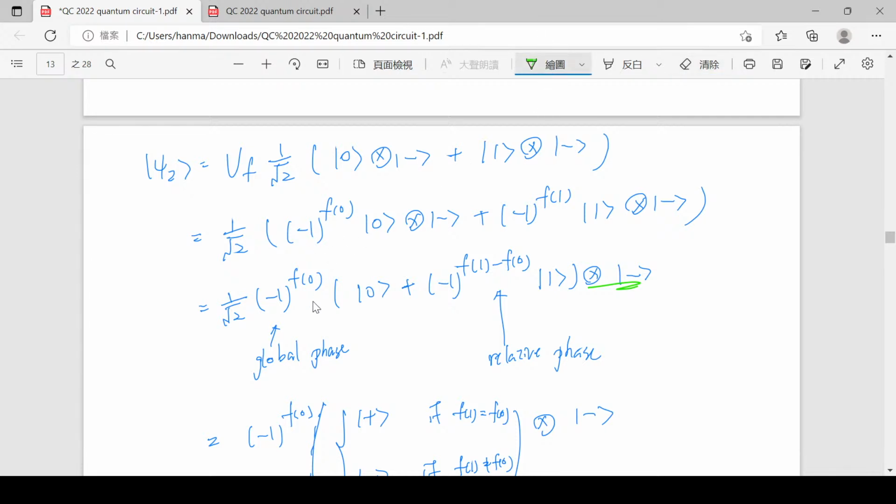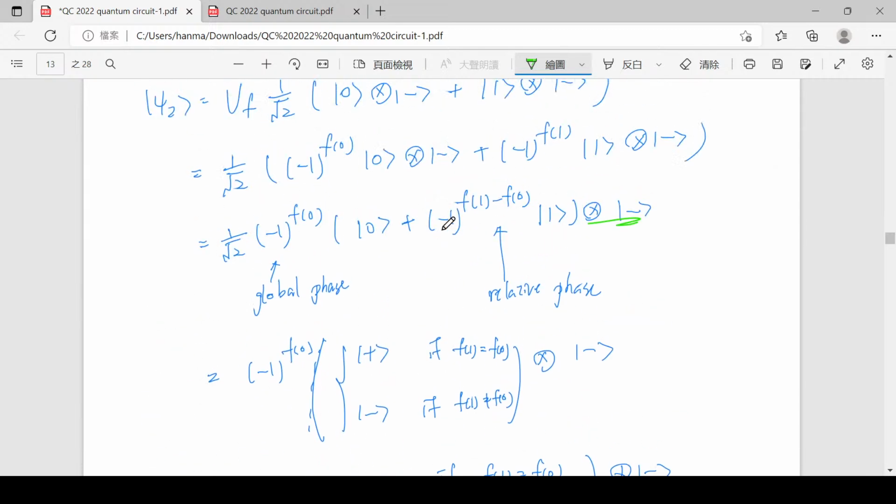Then we take out the global phase of minus 1 to the f of 0. So this part doesn't have a phase anymore, but now the relative phase becomes minus 1 to the f of 1 minus f of 0. That's just arithmetic.